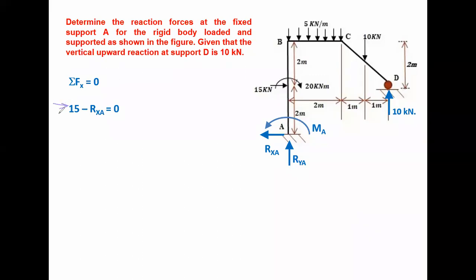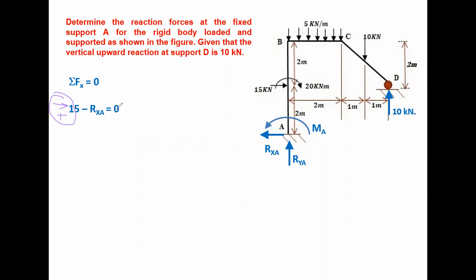Okay, so I'm taking rightward as positive. Okay, this is my sign convention. So if I'm taking rightward as positive, then 15 kilonewton must be positive, and this Rxa must be negative, based on my sign convention. And only these two forces are acting, so their algebraic summation must be equal to 0.